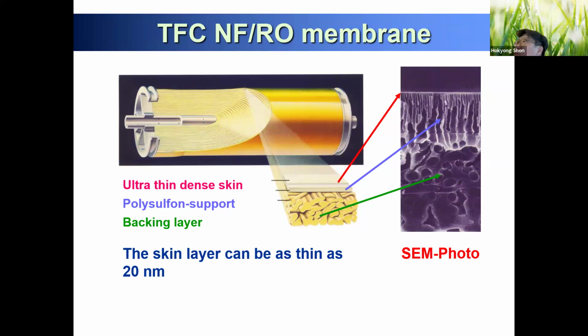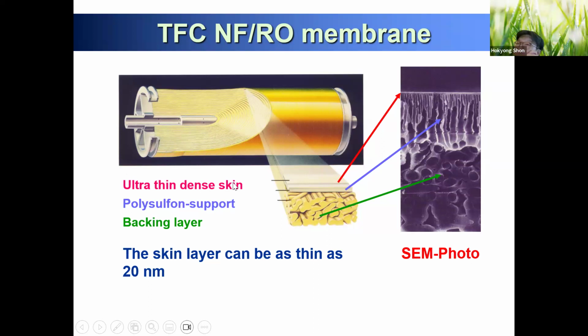As I mentioned, the water molecule is 0.3 nanometers and salt is around 0.7 nanometers. Your RO membrane has to be designed with a 0.6 nanometer pore size, and then you can separate your water molecules using this ultra thin skin layer. The rest is the support layer and the backing layer to support your skin layer.